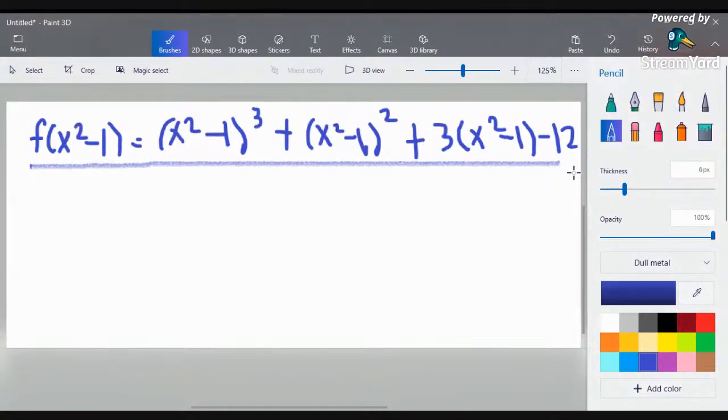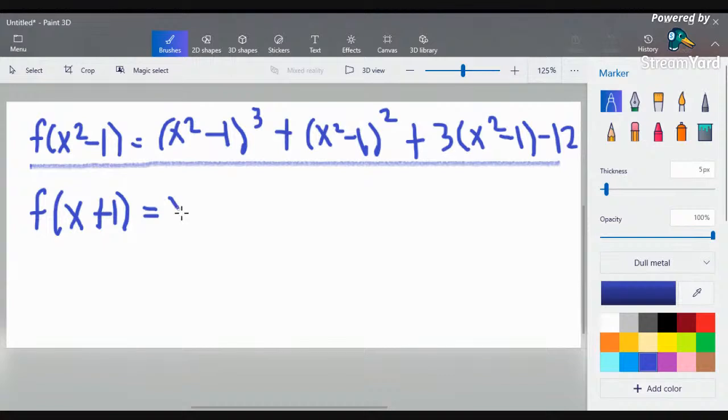It's a bit long. Okay, and f of x plus 1 also. Please solve that. As long as you know how to substitute, you know how to solve.